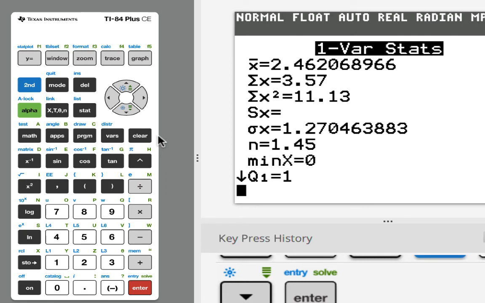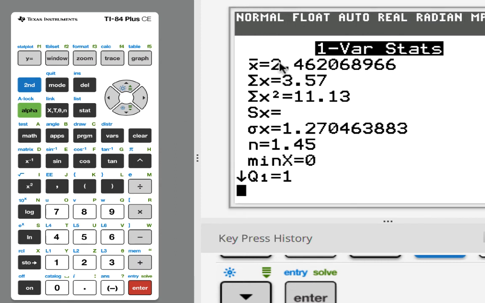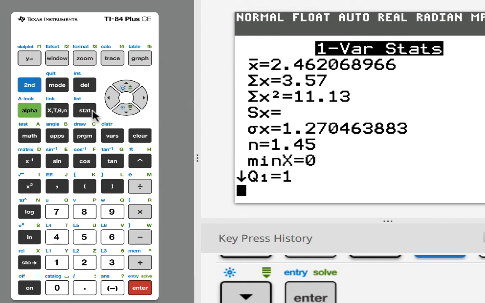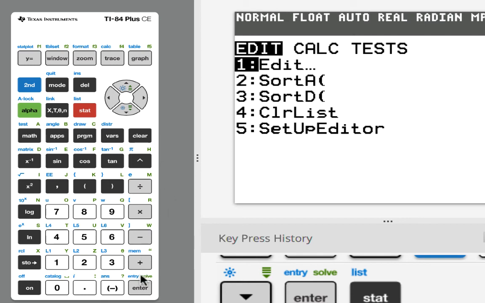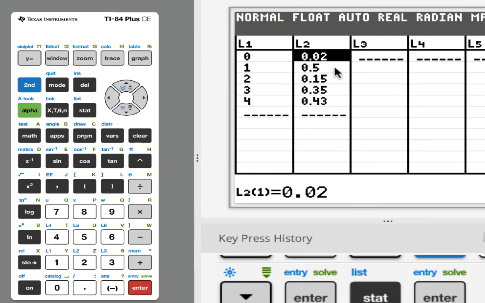Oops. Okay. I must have made some mistake. Let me check the values. Because sigma x should be 3.12. Something's wrong here. Let's look at the stats. Did I put them correctly? Ah, there you see my mistake, guys. That's 0.5. No, it should be 0.05.